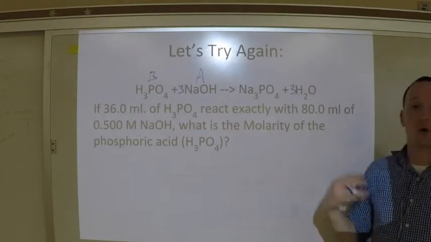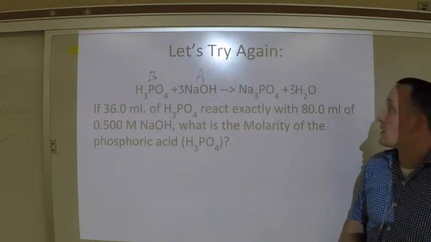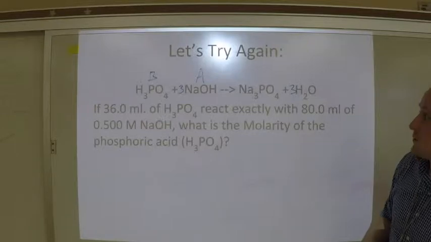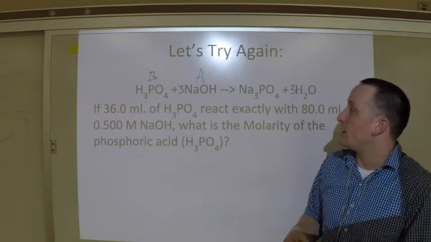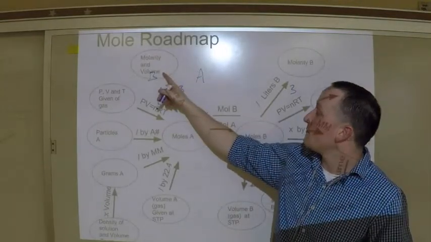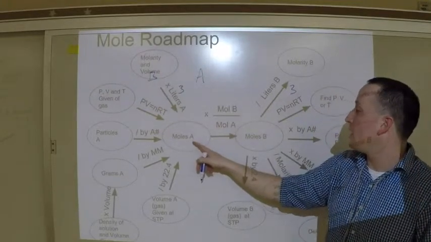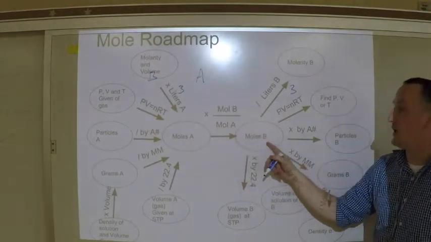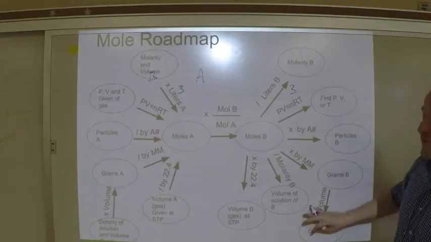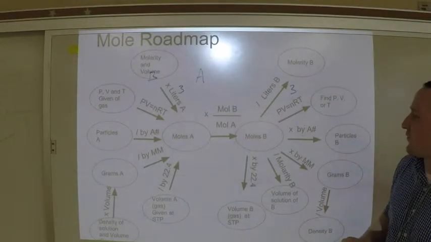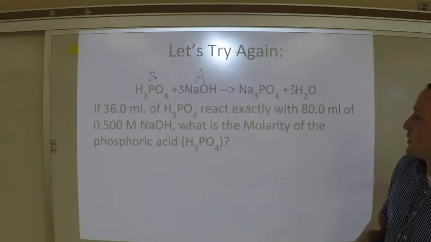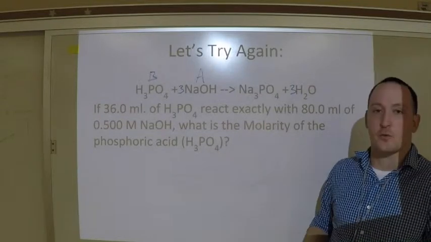So now I'm going to convert. I am starting in molarity of A. Starting here, I'm going to convert to moles of A. Then I can convert to moles of B. Then I need to look, what did it ask me to find? It asked me, what is the molarity of the phosphoric acid?